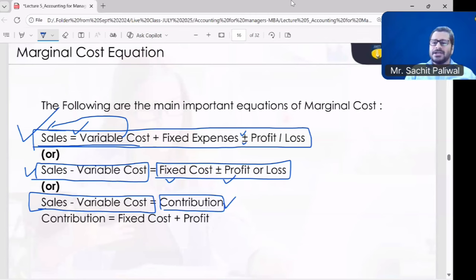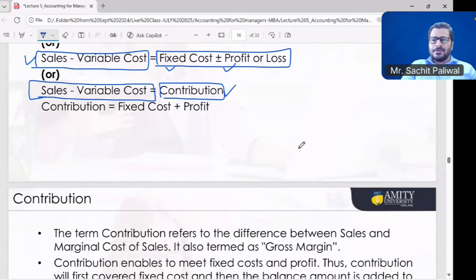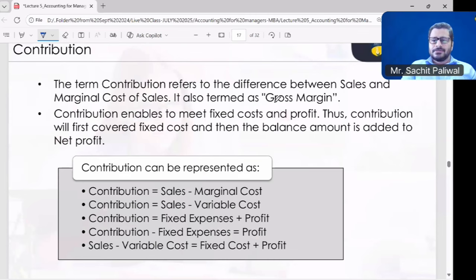In cost accounting, we call it by a different name, but it is the same. What is the different name? You know this? Gross margin. What is this gross margin? Gross margin is called gross profit.